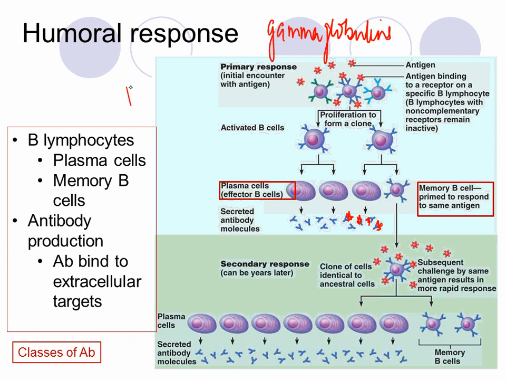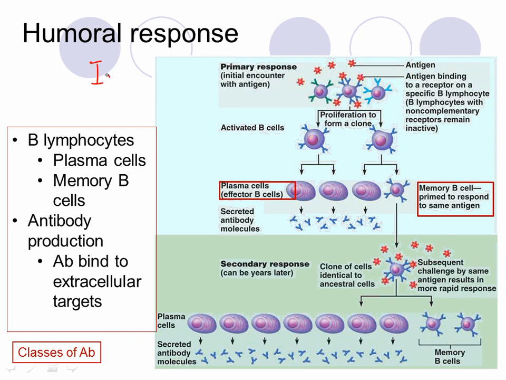Antibodies are also called immunoglobulins. You might hear of it as immune serum sometimes. Immune serum means serum which contains gamma globulins or immunoglobulins. So we have different classes of antibodies, and they are produced at different times.